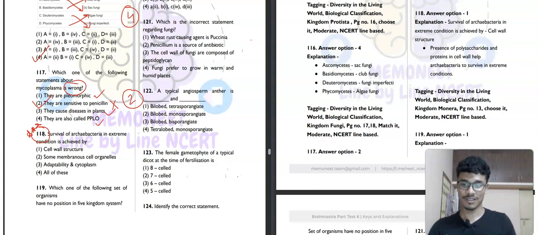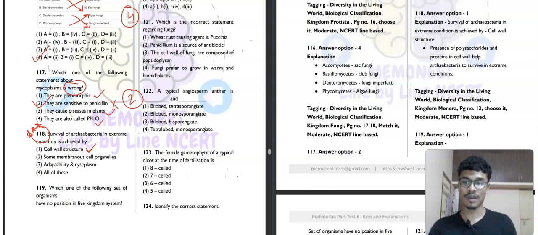In the first option you are reading cell wall structure, and you know that archaebacteria have a different cell wall structure. So this is the correct one. You may think that some membranous cell organelles, adaptability and cytoplasm are also added, so all of these might be correct, but this is not the case, because only the cell wall structure is the correct answer.